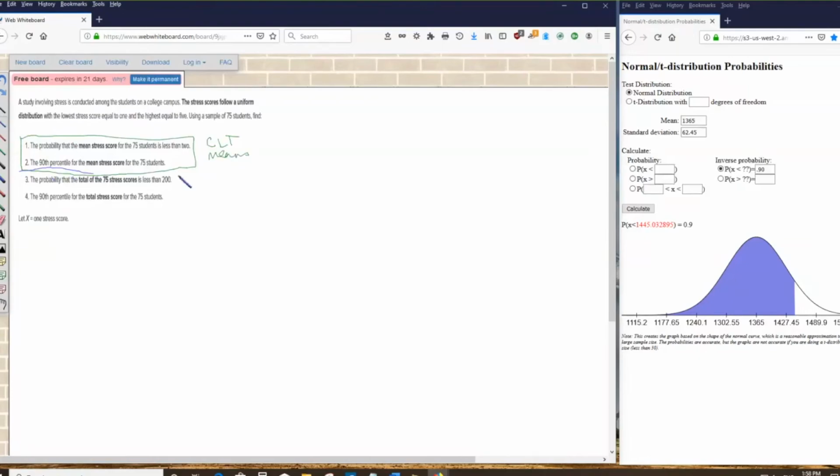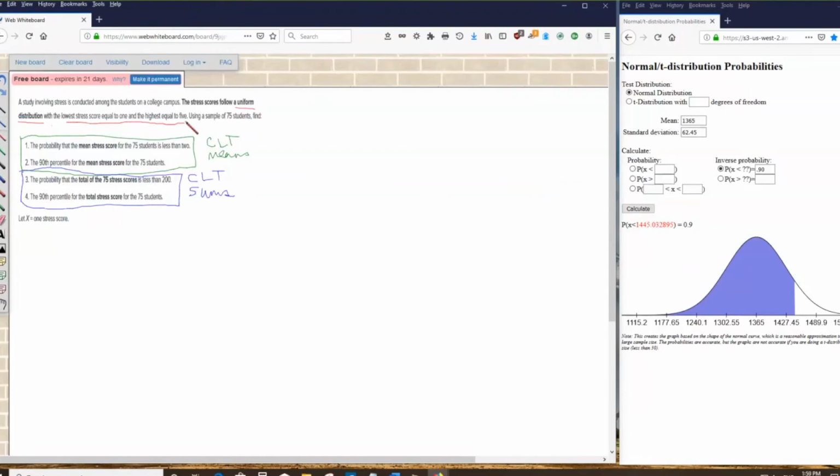And the second two problems are asking questions for the central limit theorem for the sum. And this also says that this is using a uniform distribution with the lowest score equal to 1, highest equal to 5.